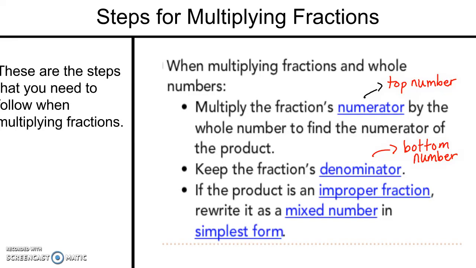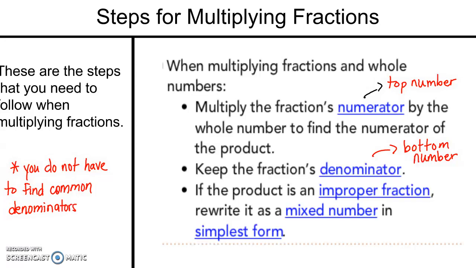You do not have to have common denominators when you multiply fractions. So you may want to make a side note of that. You do not have to find common denominators when you multiply fractions.